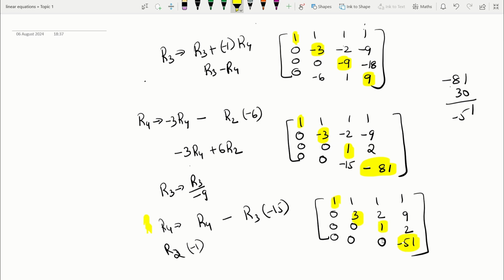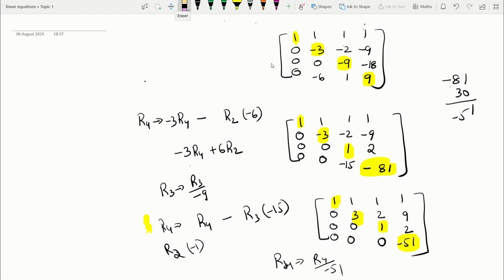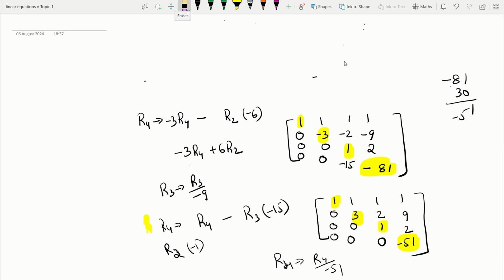Anyhow this will be 0 only, because R4 element is minus 15 and minus of minus plus 15, this is 0. And in the last element, R4 element is 81, minus 81, R3 multiplied with minus into minus plus, here 15 2s are 30, then minus 51.